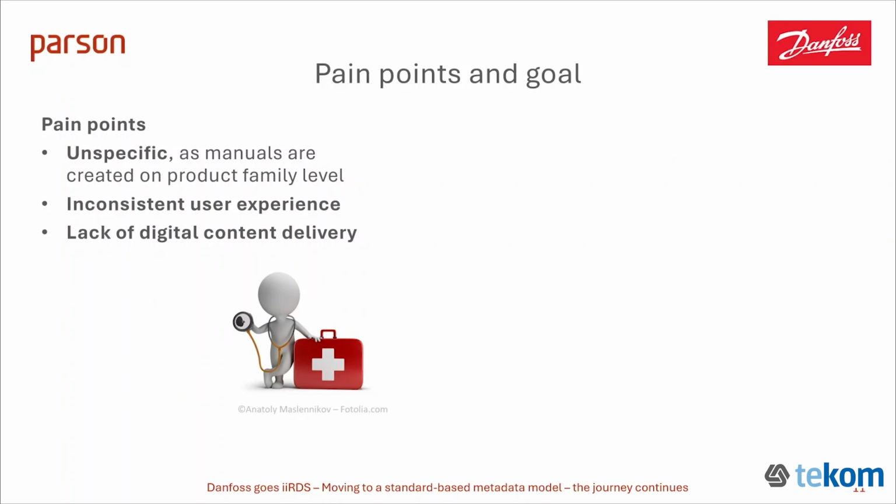And a lack of digital content delivery: we are typically providing old-fashioned PDF manuals, which is obviously not sufficient because there's much more demand. We also had a quite poor search page to find even these documents. Then trying to find, within all these 500 search results, exactly the right manual that you're looking for is quite a pain for us.